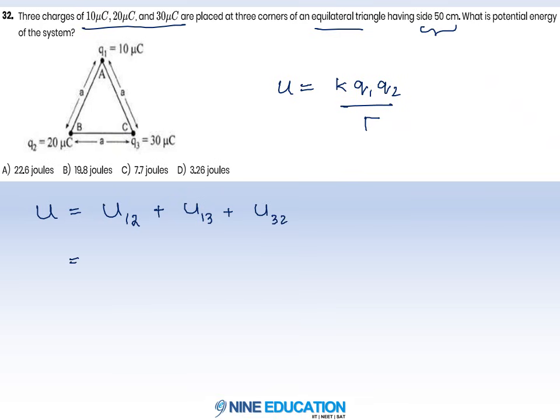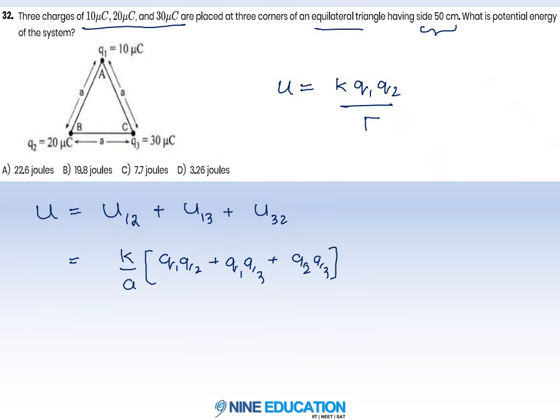The separation remains a, so we can take k upon a common. Here we will get q1q2 plus q1q3 plus q2q3.